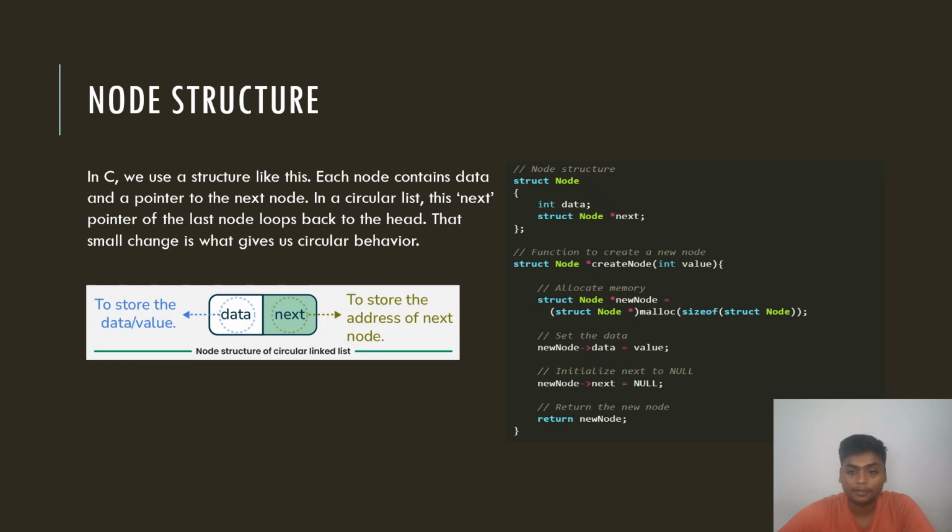After that, the argument value will be stored as data for the new node, and for this new node, the next pointer will be null, because this is the first time we are creating the circular linked list. Then the new node is returned.